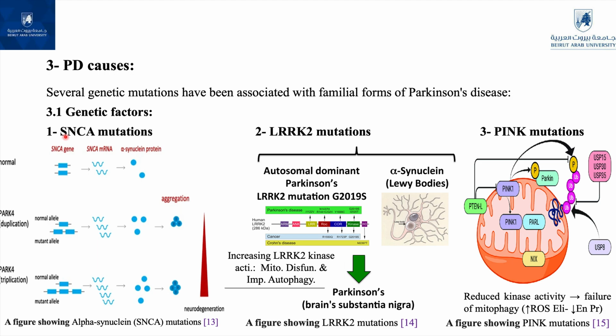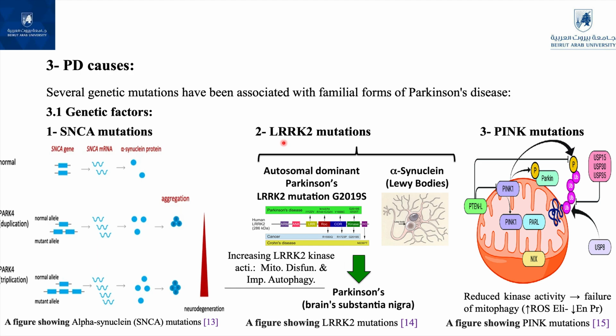So, we can see the SNCA mutations. When the allele is mutated and present in the triplet form or doublet form, this leads to more expression of the alpha synuclein protein, leading to more aggregation of the alpha synuclein protein and ultimately leading to neurodegeneration.